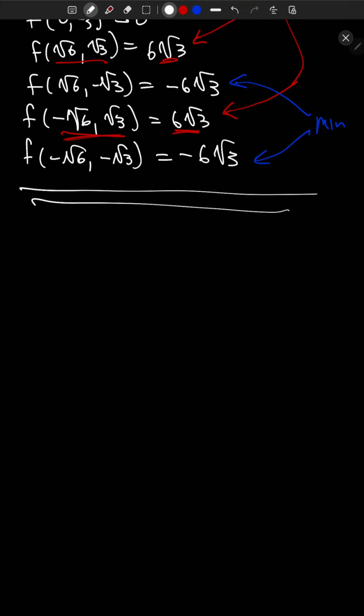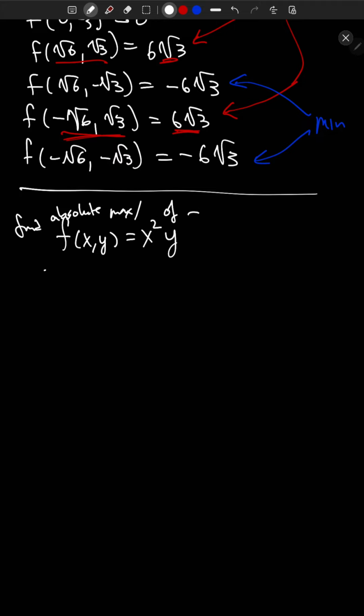If I modify my problem so that I'm looking for, let's say, the same function, but I only care about finding the absolute max and min of f of this guy on the upper semicircle.